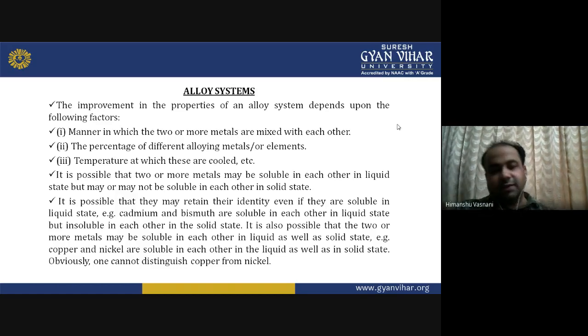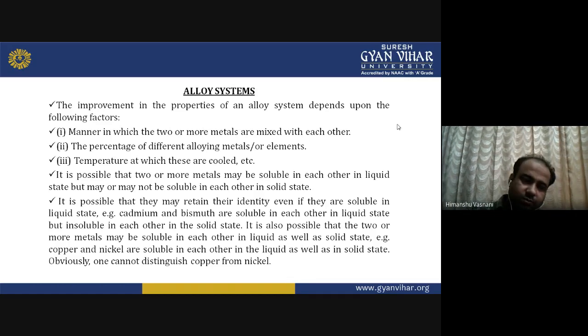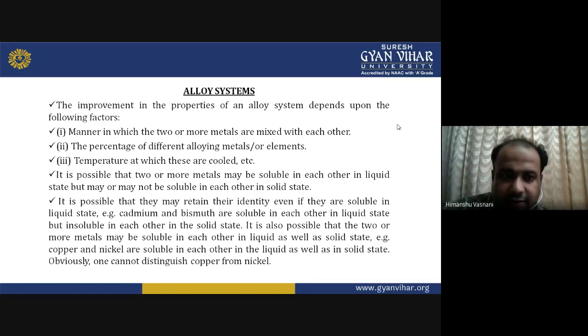So the percentage of different alloying metals or elements should be known. Then the temperature at which these are cooled. So these three factors are important: the way they are mixed, the percentage of all the different elements, and at last the temperature.